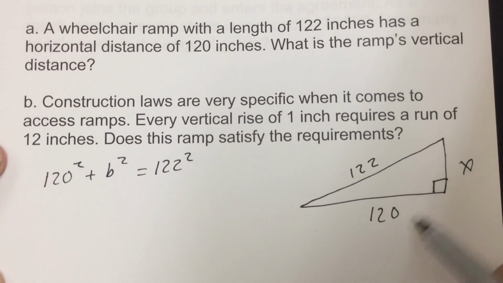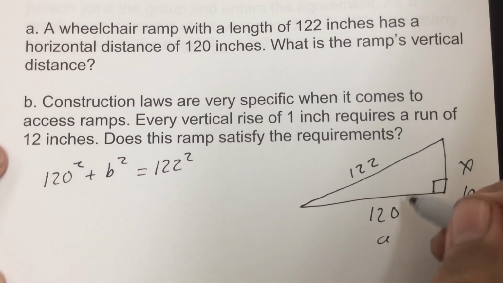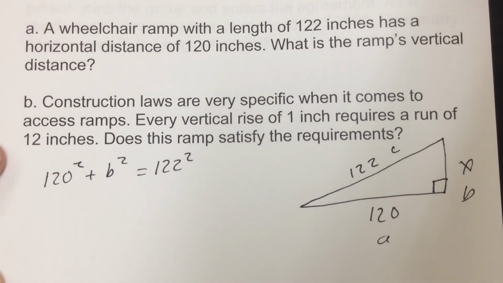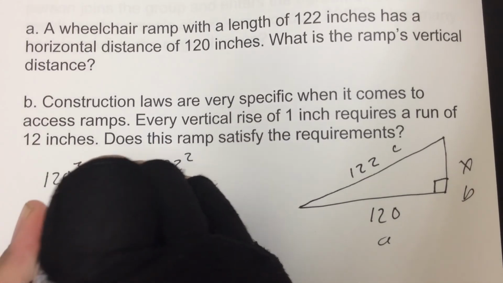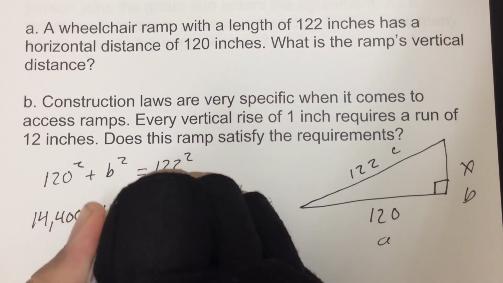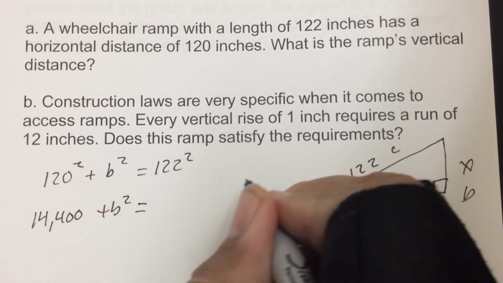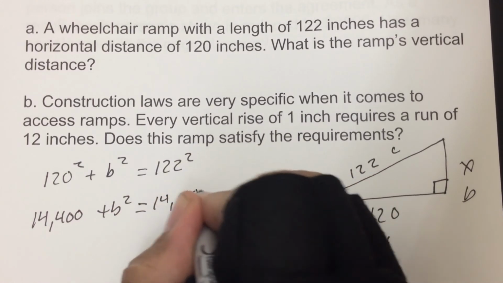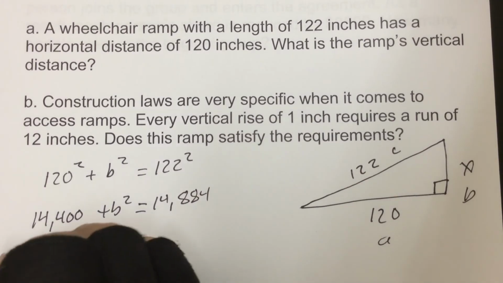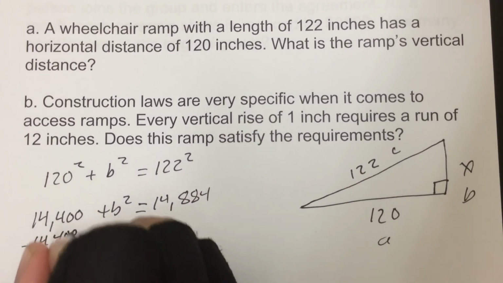The two sides, your legs that touch the 90 degree angle, are your A and your B. The opposite side, your hypotenuse, is your C. That's how I'm filling it in. If we square the 120, we get 14,400, still plus b squared, equaling 122 squared, which is 14,884. So subtract your 14,400.